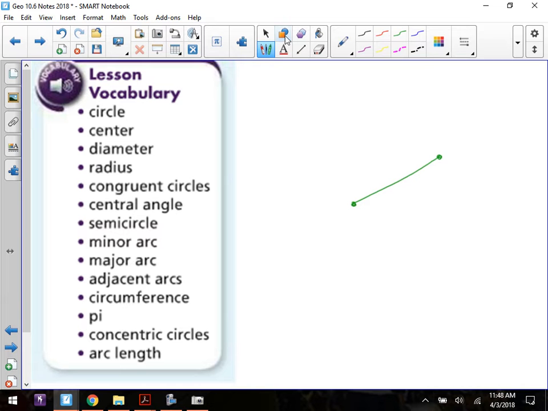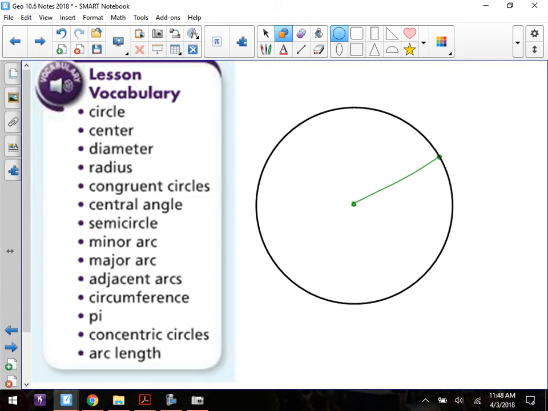So a radius, if you remember, is a segment in a circle that's equidistant all the way around. That segment is a specific distance. The distance of the radius doesn't change whether it's going from here to here to here. That radius stays constant.